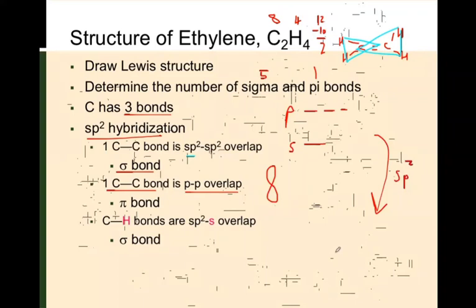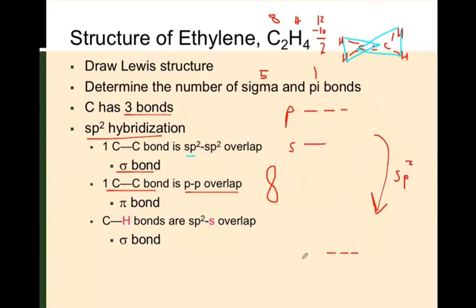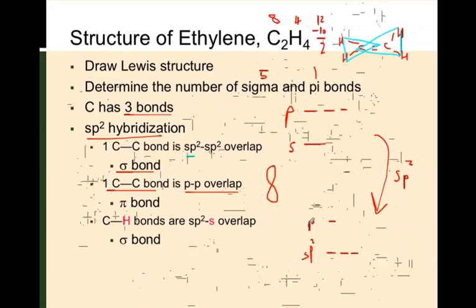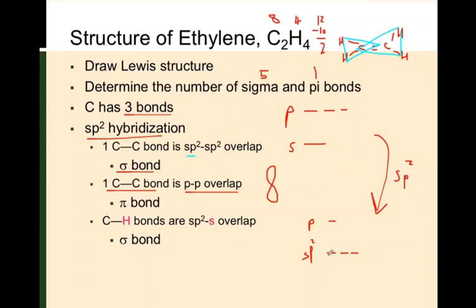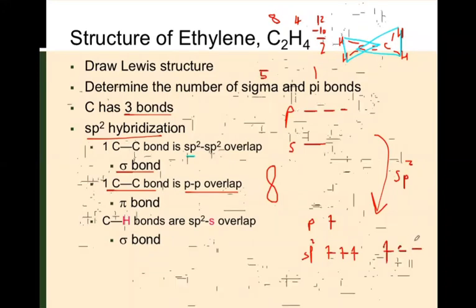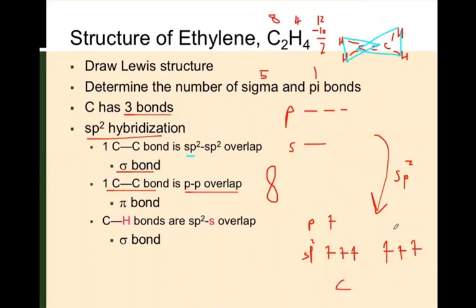So we end up with 1, 2, 3 sp2 orbitals, but we still have 1 p orbital remaining, like so. So we fill these up. We need 3 orbitals for our electron domain geometry, and then we have 1 remaining that we don't actually need in order to fulfill the bonding. But this half-filled p orbital can be shared with the other half-filled p orbital on the other carbon, like so. So that's carbon, carbon.